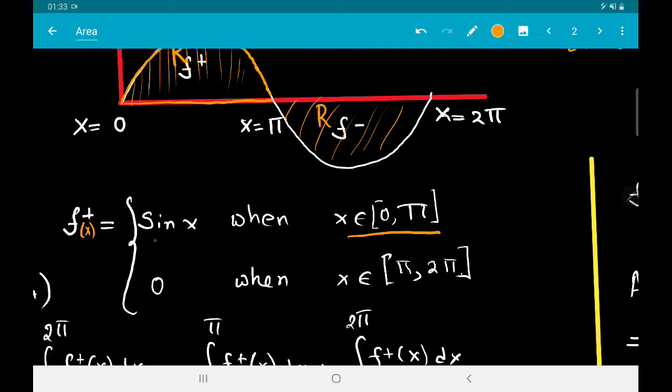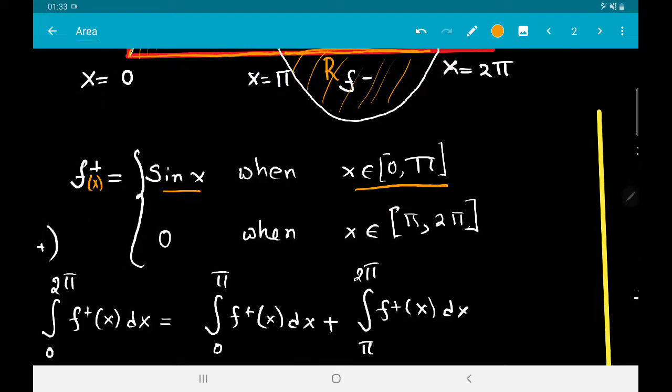And what happens when x lies between pi and 2 pi? Here we can see that the x-axis lies above the curve of the function y equal to f(x). So what is the maximum? The maximum is y equal to 0. This explains why f plus of x is equal to 0 when x lies between pi and 2 pi.